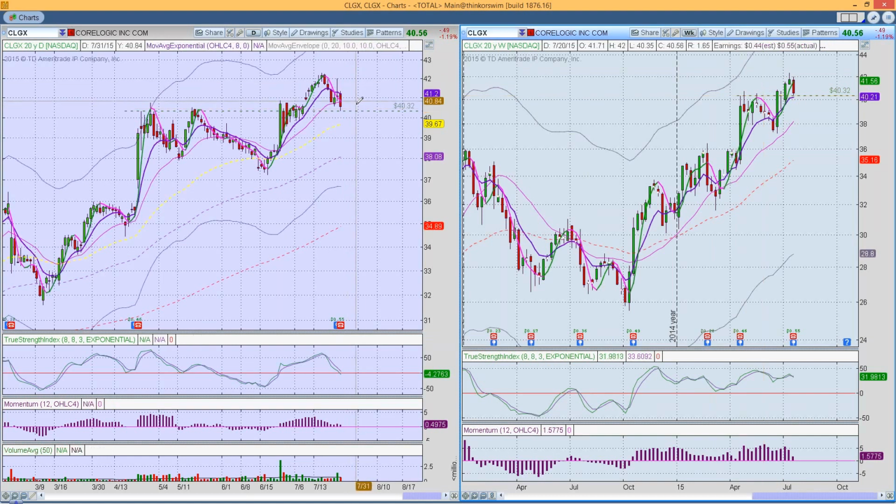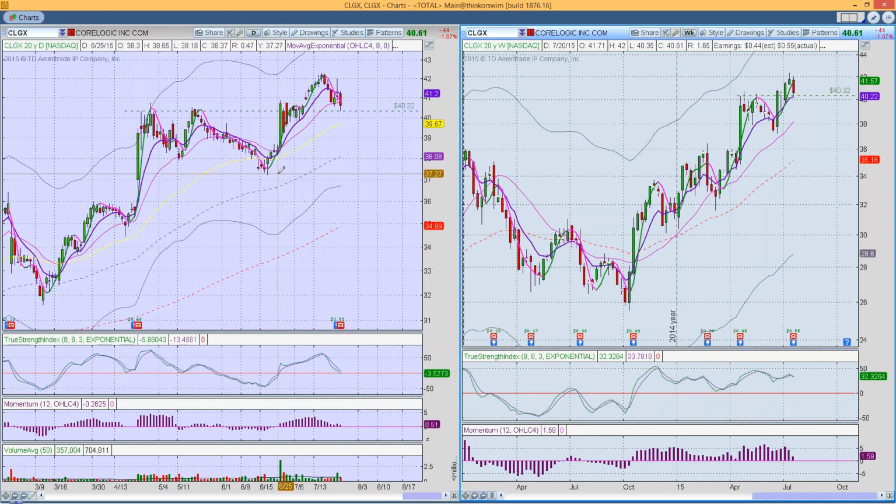And so the question is, does it rebound off of here to go higher? Right now it's a bearish candle, but not a reversal candle. But then it looks like it is looking for support. Does it find it at the breakout area or not? And what's your potential upside from there?